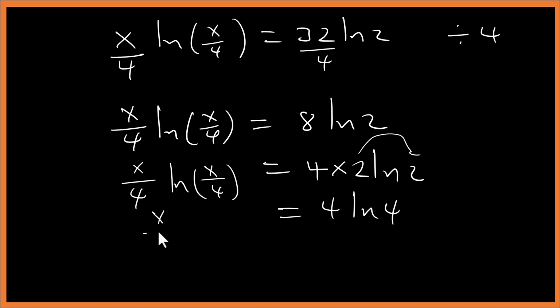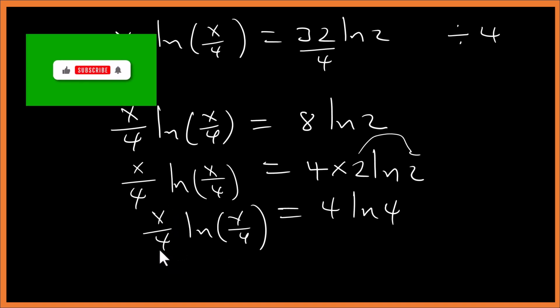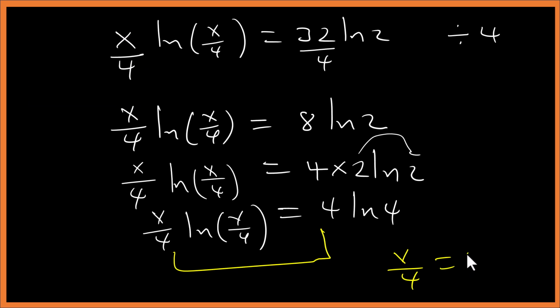So x over 4 ln of x over 4 equals 4 ln of 4. Since this one is the same as that and this one is the same as that, you can say that this one equals that. So it means x over 4 equals 4. Therefore x is 16. That's the first answer.